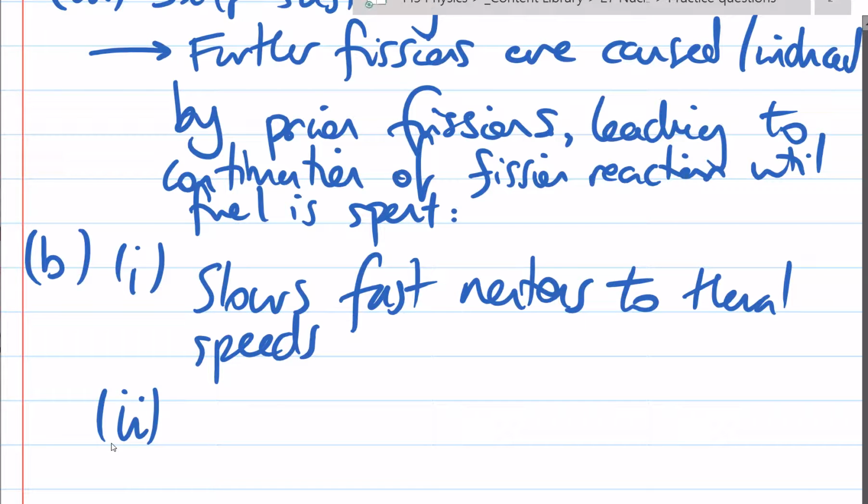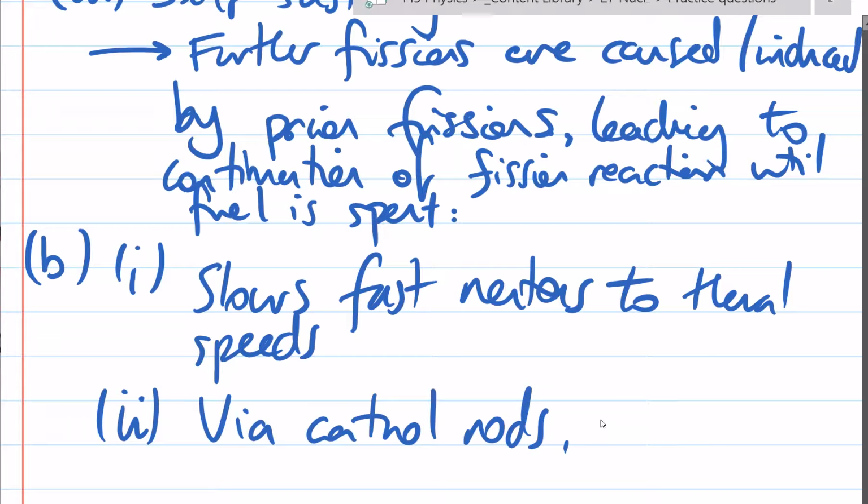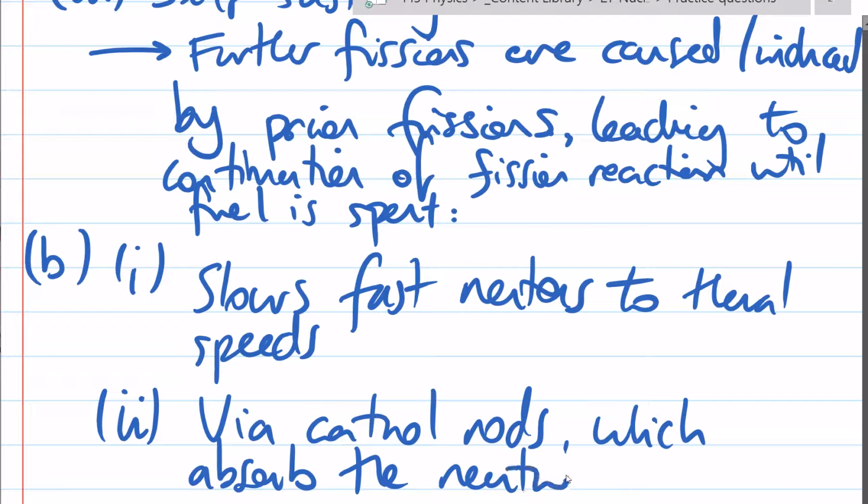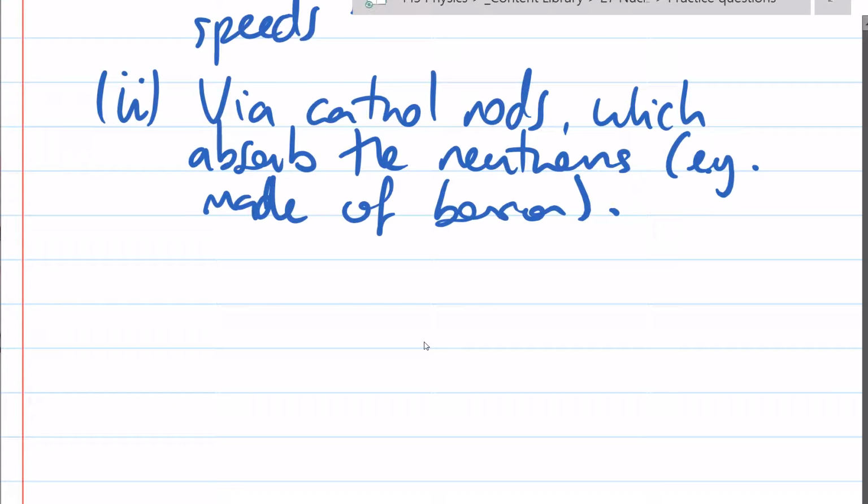The role of, also how fission is controlled is via control rods, which absorb the neutrons, e.g. made of boron, commonly made of boron. Can be made of other stuff, but boron's an example.